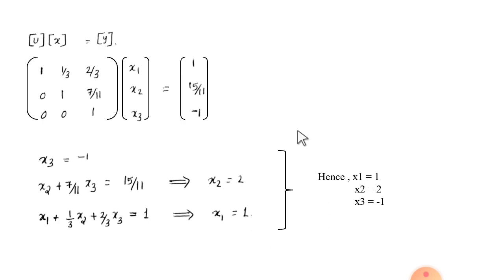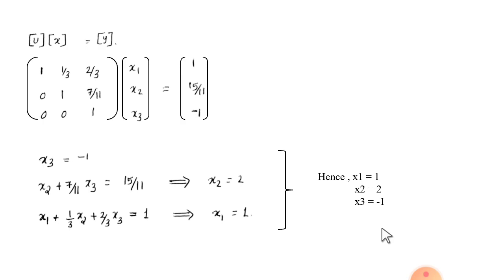Thus we have found the solution for the equation: x1 equal to 1, x2 equal to 2 and x3 equal to -1. So this is how we solve the system of equations using Crout's method.